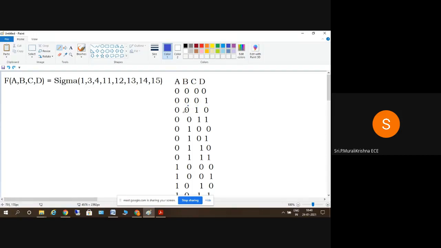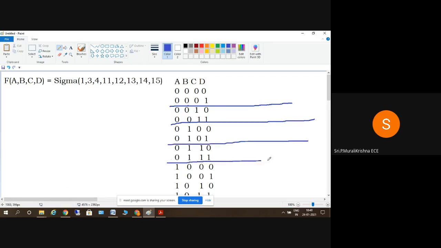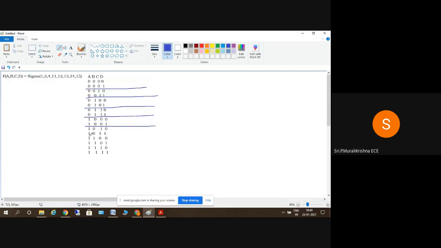Then 0, 0, 1, 0, 1, 0, 0, 1, 1, 1, 0, 0, 1, 0, 1, 1, 1, 0 and 1, 1, 1. Okay. And for this group the output will be F here. So F will be compared with D. So the ABC columns are the selection lines here and F is compared with D.